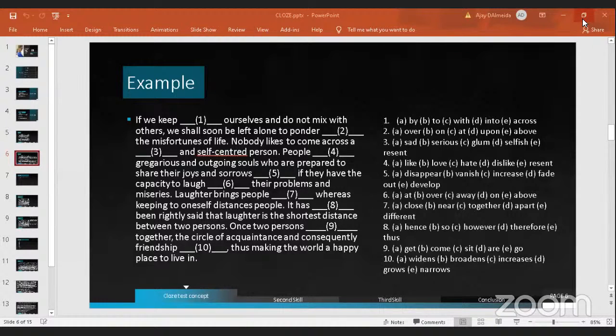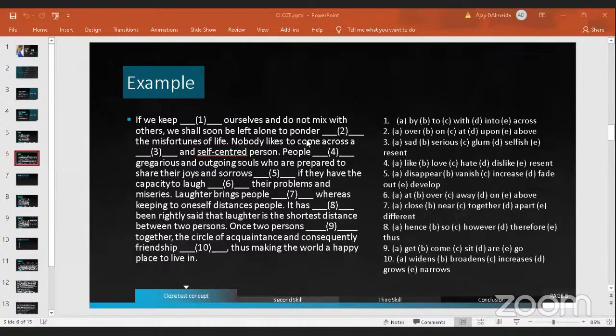Now, remember, ponder means to overthink, and misfortunes is something negative. A person who overthinks, ponders the misfortunes of life. Ponder over. We ponder over things; we do not ponder upon things.